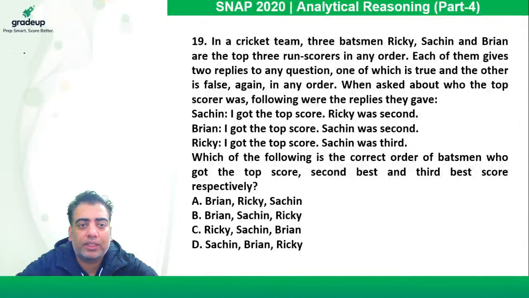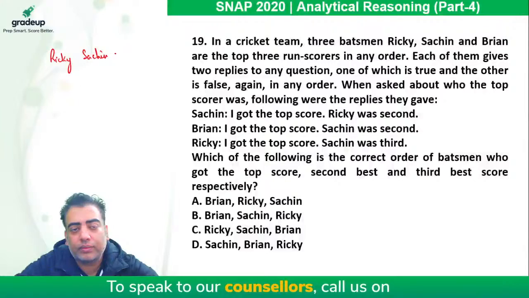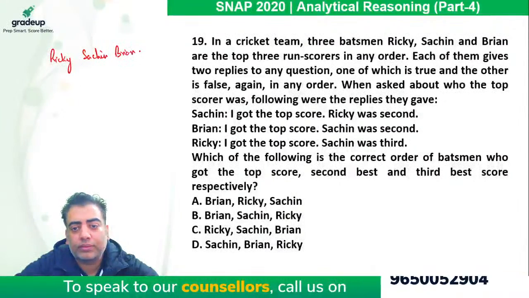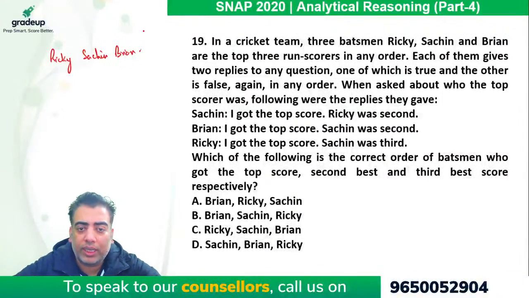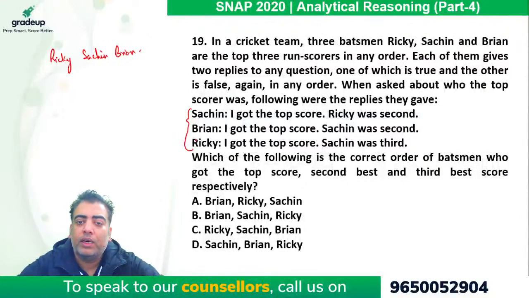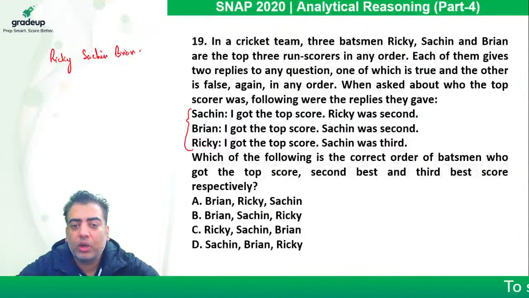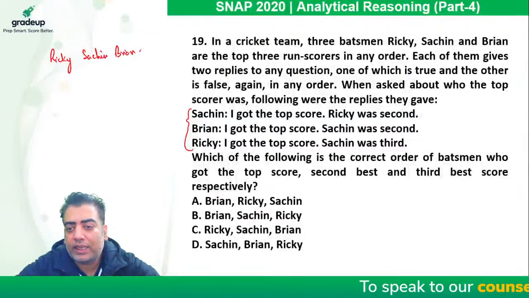So the 3 batsmen are Ricky, Sachin and Brian. Alright, so these are the statements given by them. Which of the following is the correct order of batsmen who got the top score, second best and third best score respectively?